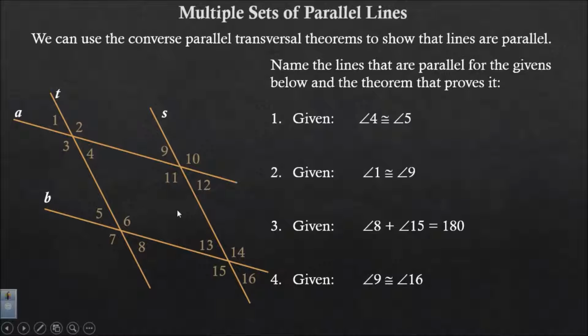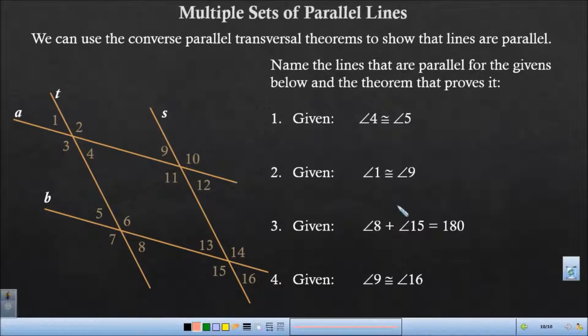All right, so let's look at an application. Here we have four angle relationships, and what we want to do is identify these angles, like here's angle 4 and angle 5. And angle 4 and angle 5 are alternate interior angles. Now we have a theorem that says when alternate interior angles are congruent, the lines are parallel. So here they're congruent.